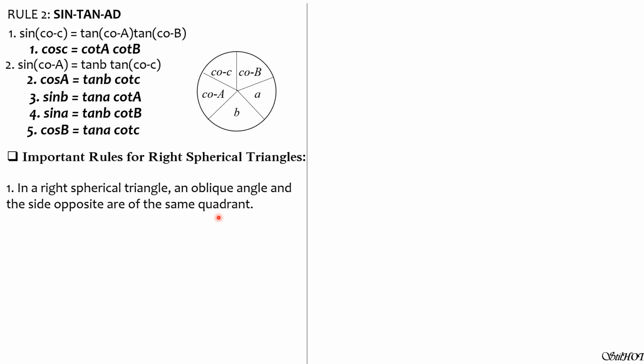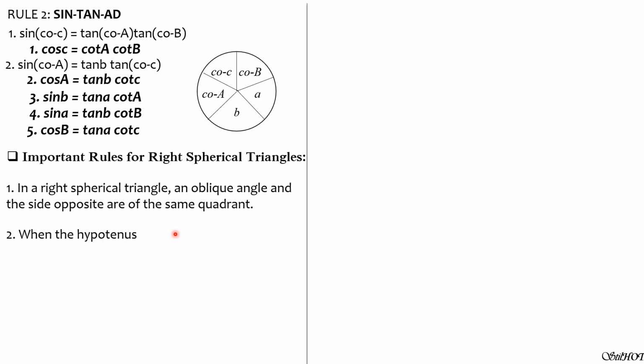So meaning to say, if the angle is in the first quadrant, then the side opposite it would be in the first quadrant also. It is acute, or less than 90 degrees. If it is obtuse, then it is in the second quadrant, between 90 degrees and 180 degrees.